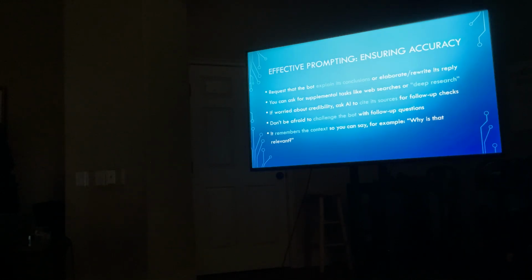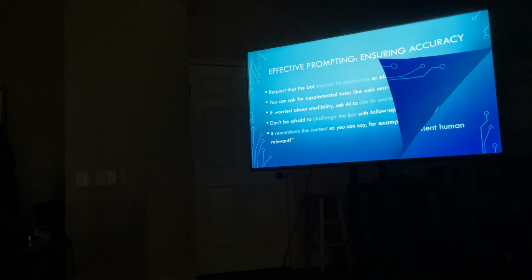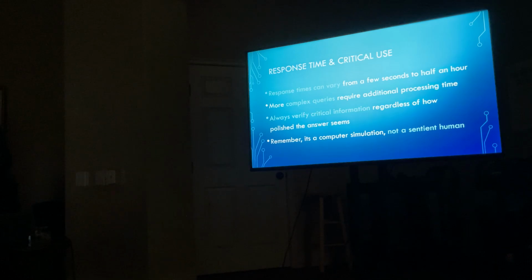You can ask it to cite sources. You can challenge it, like I tried to do and didn't, with the black shoes and the no laces. It remembers where you were in the conversation, so you don't have to go back and repeat a bunch of stuff. Usually a few seconds, maybe a half hour if you're asking a really detailed research question.